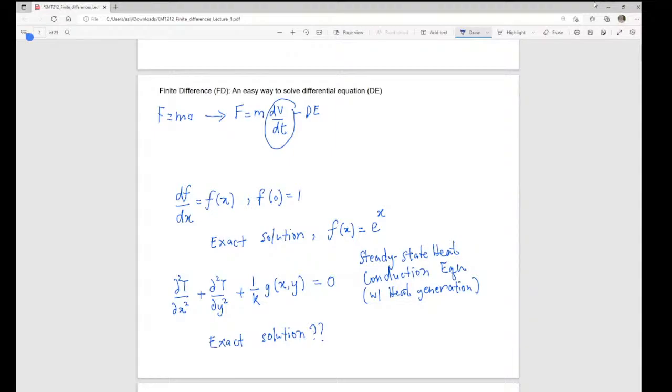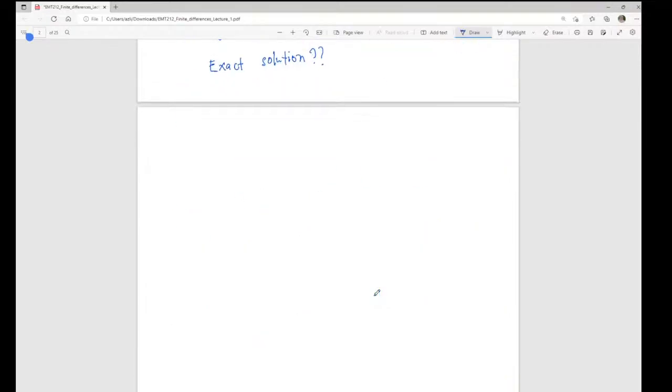Let me know if I am too fast, okay? So, how do we solve these types of equations? Basically, for differential equations, we can solve using analytic methods.